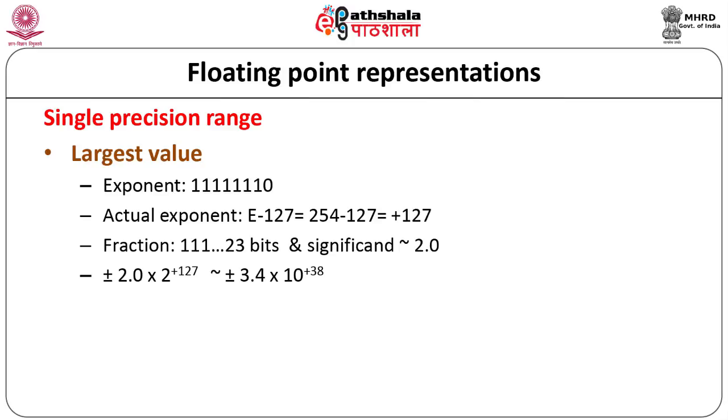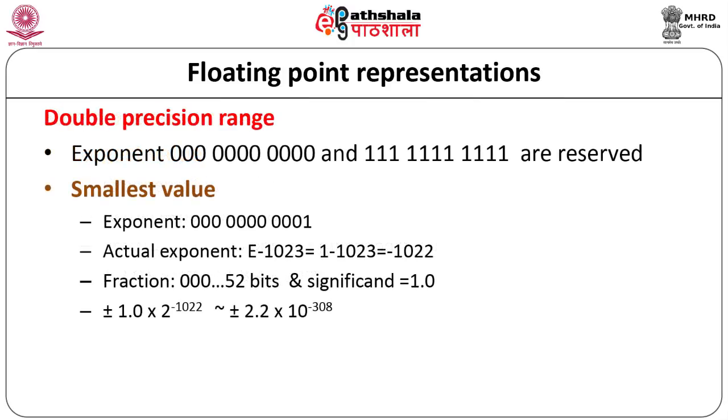In double precision, the range of exponent is you have 0, 0, 0, 0, 0, 0, 0, 0, 0, 0, 0, total 11 bits, and all 11 bits zero are reserved. The smallest value of exponent is 10 bits 0 and 1.